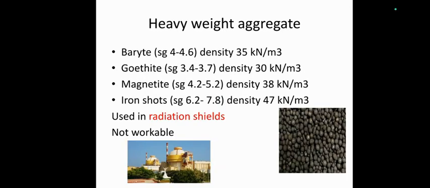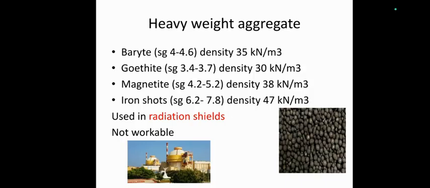And the second one is heavyweight aggregate. This type of aggregate is used for special applications. For example, in a nuclear thermal power plant, like the one in Kalpakkam, to prevent radiation from being exposed to the atmosphere, the reactor unit should have a strong concrete which does not allow radiation to pass through.